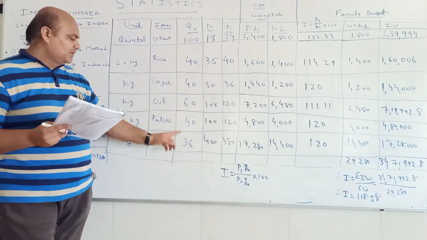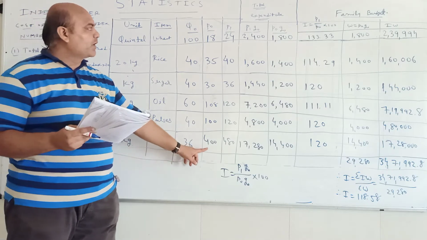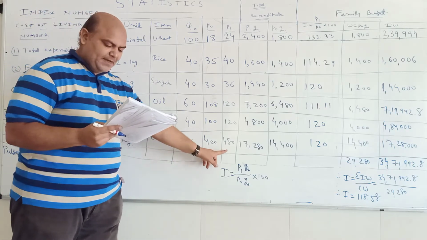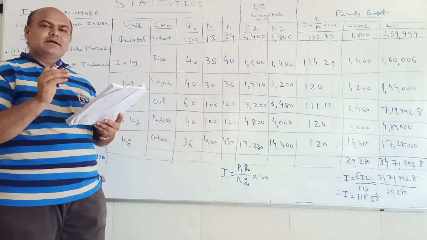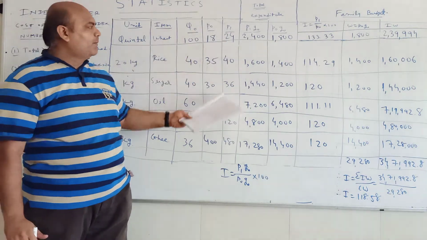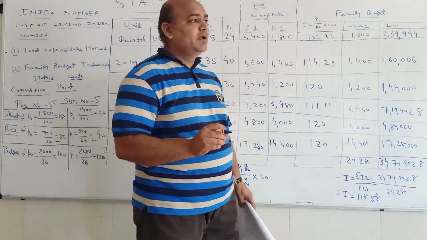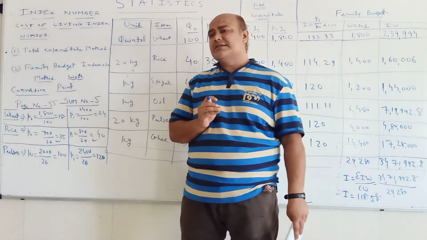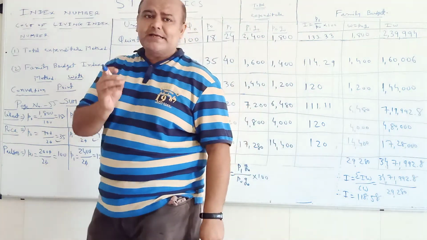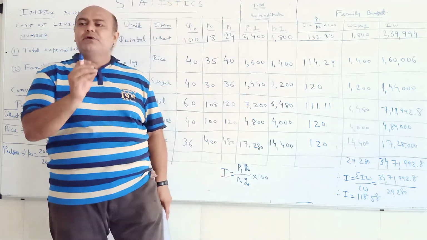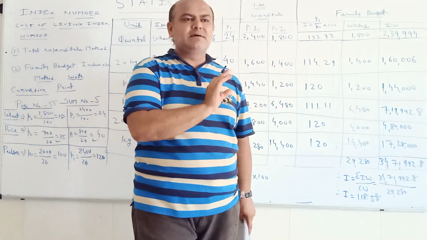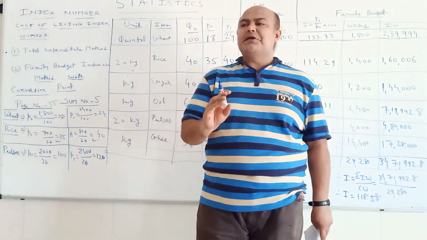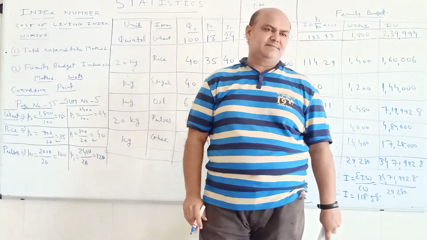So we write the quantity 36, 400 price that is P0 and 480 price that is current year price. Now raw material is ready. As we all know, students, for total expenditure method and family budget index number method, both the methods give us the same answer.